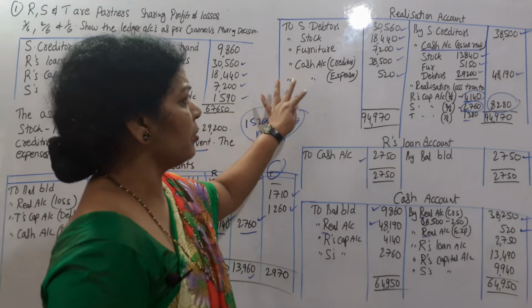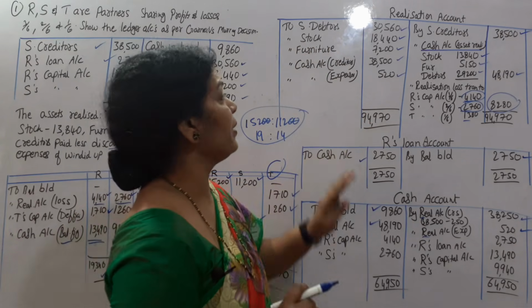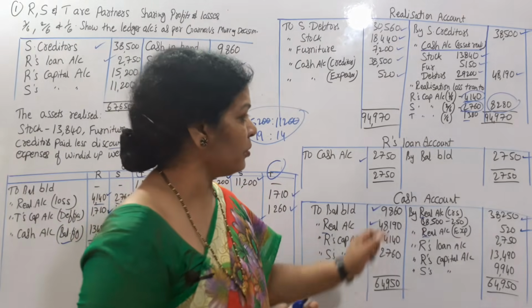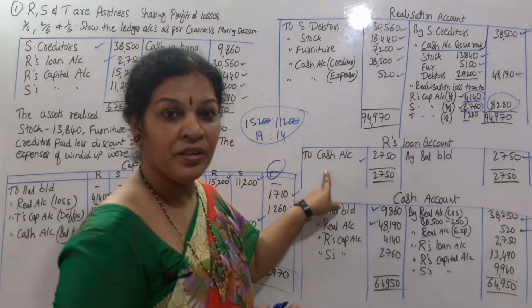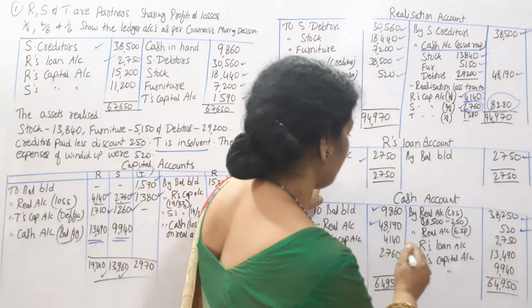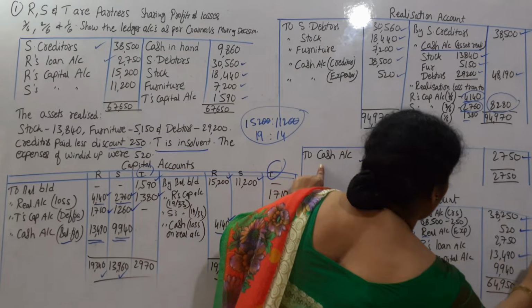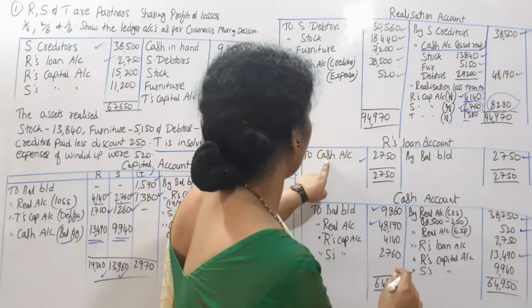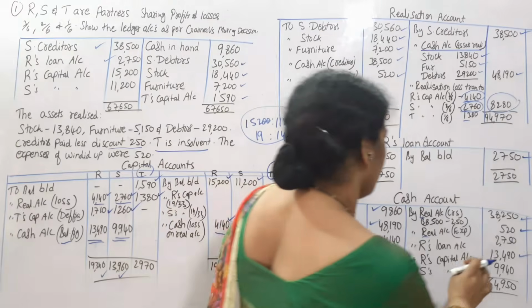In realization account, is there anywhere you are finding cash? No. Now coming to R's loan account. In R's loan account, you can find cash on the debit side. Transfer it to the credit side. R's loan account 13,490. Sorry, where is it? Yeah, here.